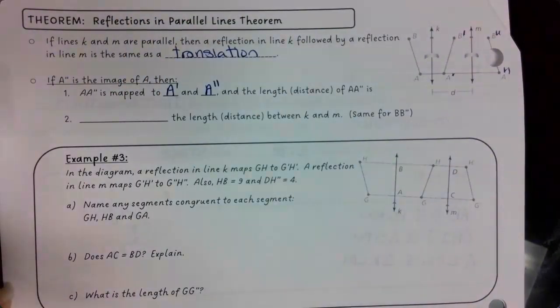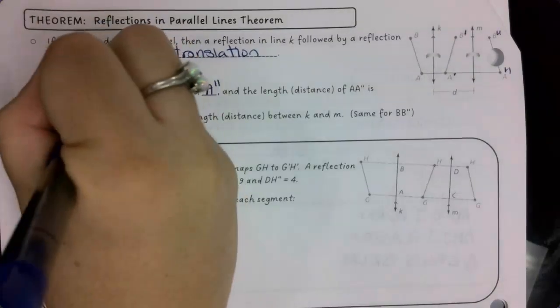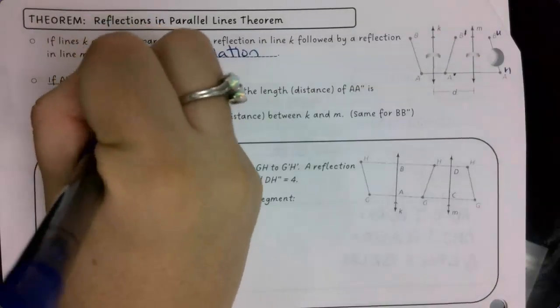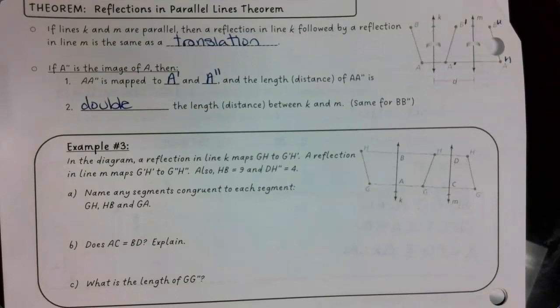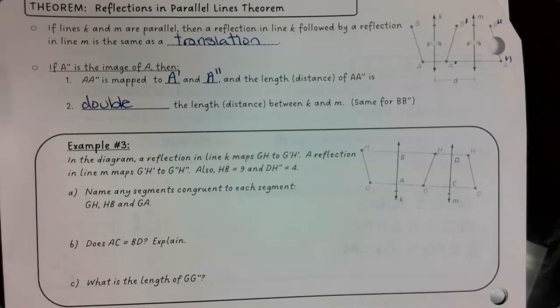And the length of A to A double prime is double the distance between K and M. The same thing goes for B double prime.